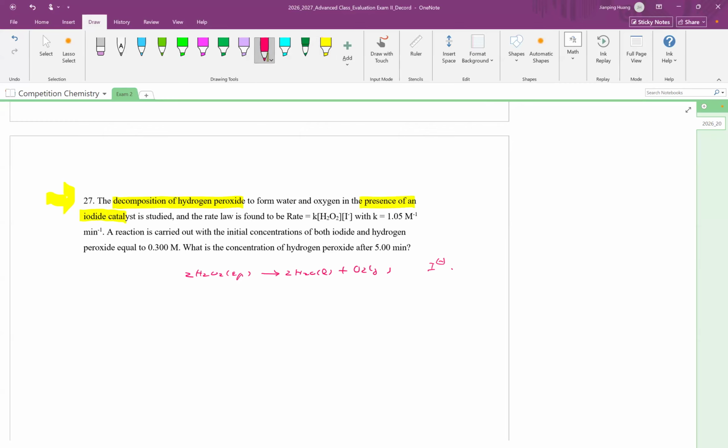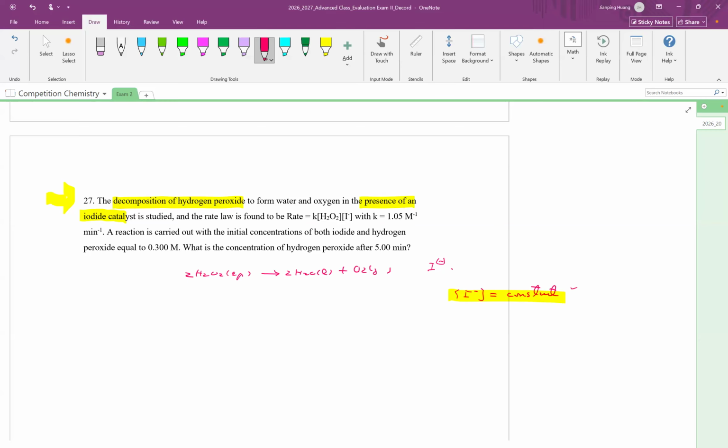Think about what a catalyst is. Consume, regenerate, consume, regenerate, which means that one is a constant. Class, if you know a catalyst lowers activation energy, it's consumed and regenerated, which means its concentration is a constant.